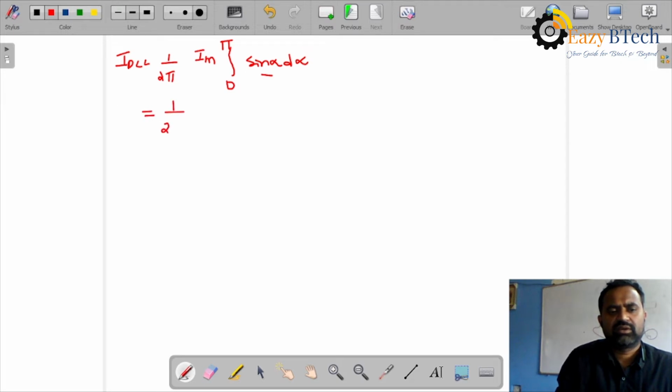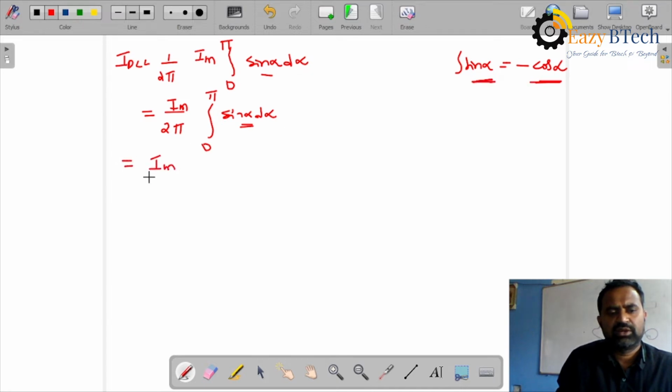The integral of sin alpha is minus cos alpha. So IDC is equal to Im by 2 pi times minus cos alpha between 0 and pi.